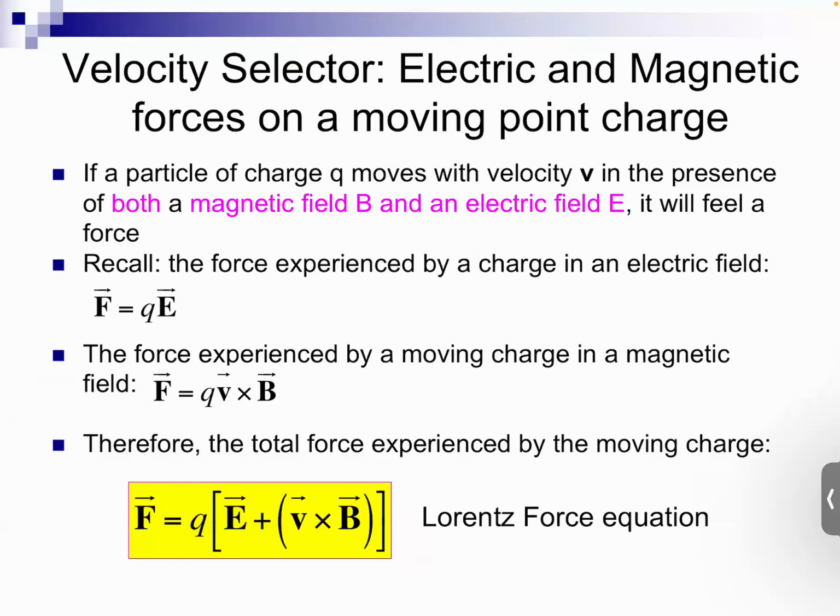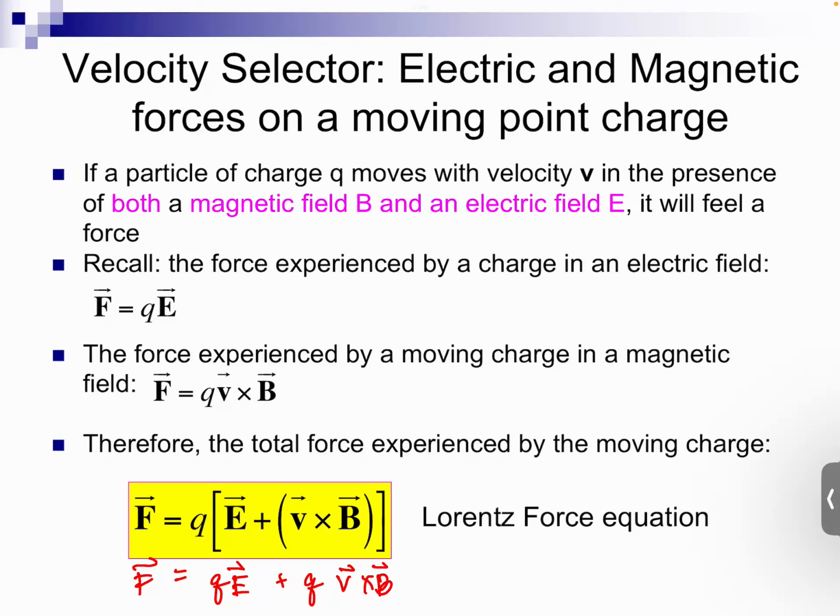The combined forces will just be the sum of the individual forces. The electric force is charge times electric field, as we learned before. And for the magnetic force, it's qv cross B. Right? So the total force you can also write as electric force plus magnetic force.